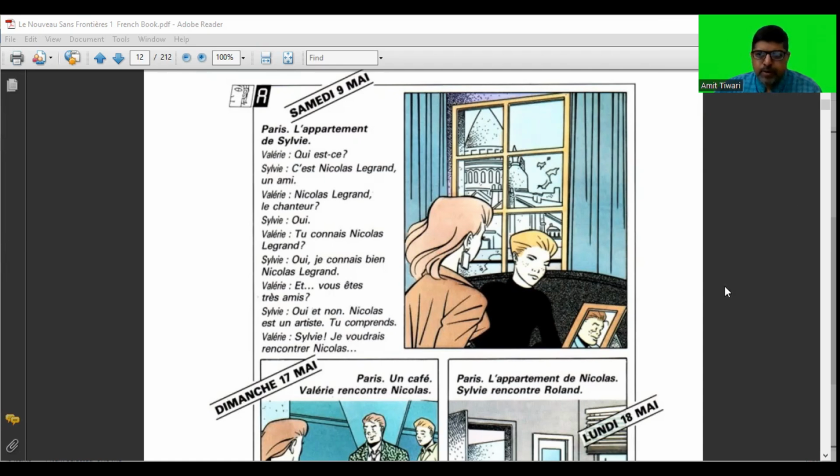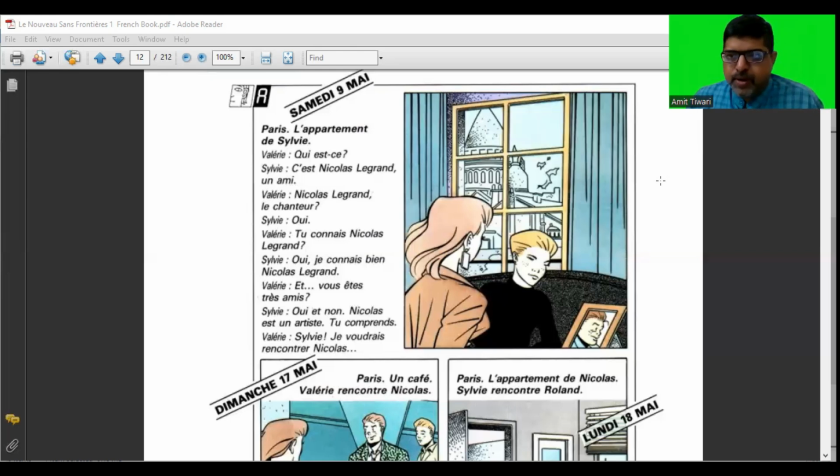Regarding this passage, I shall read it first in French and then give the English version, which, as I used to state, would be the literal meaning or literal translation. So let us start.